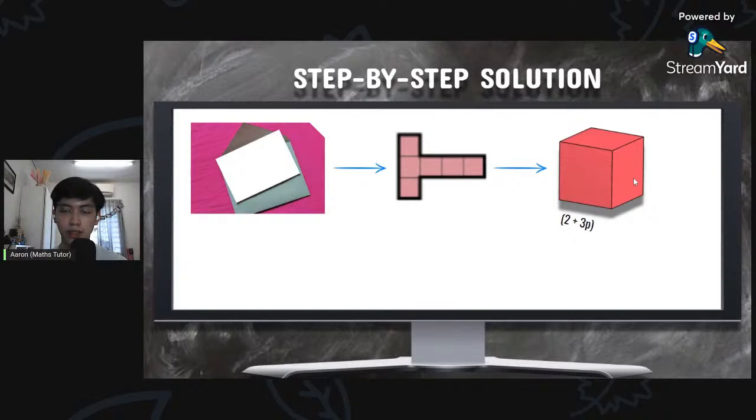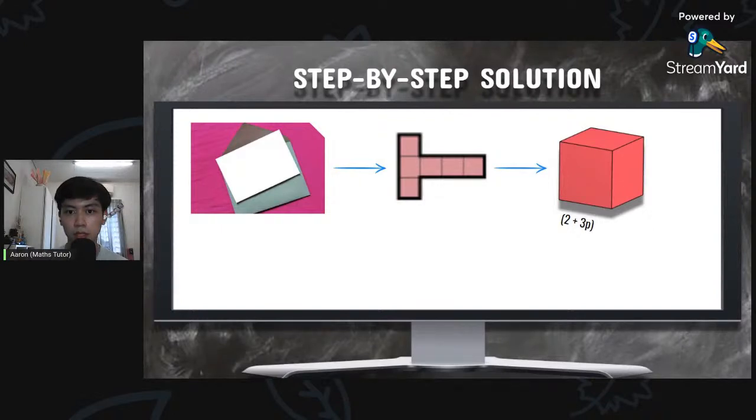All right. Okay. So just now, you remember the question said, what does the question say? The question said volume dia. Volume of the cube is how much? Here.